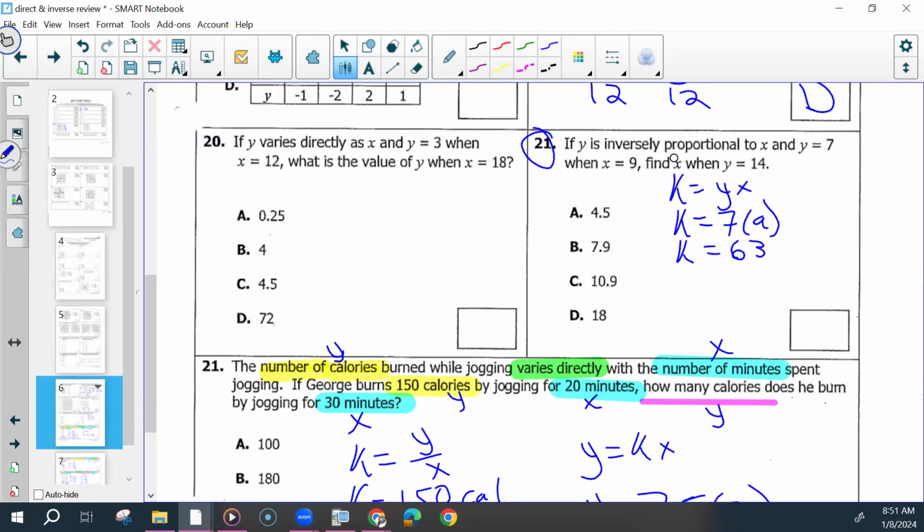Then we are asked to find x when y equals 14. The equation to find our inverse variation equation is y equals k over x. We know y is 14, k is 63, but we don't know x. How could we solve for x? Multiplying by 63 wouldn't get x out of the denominator.